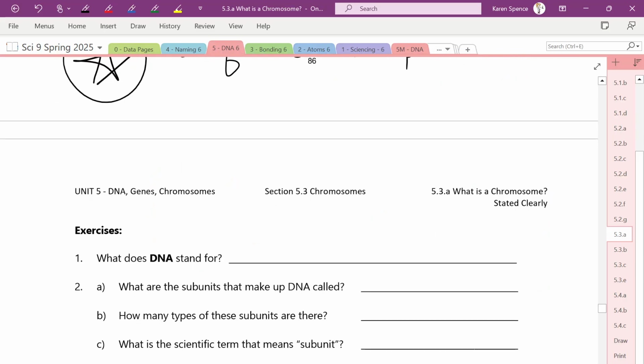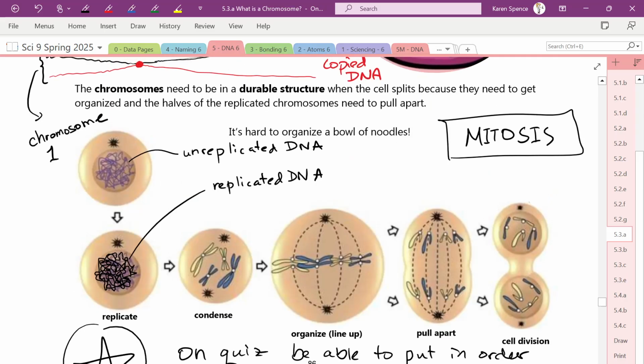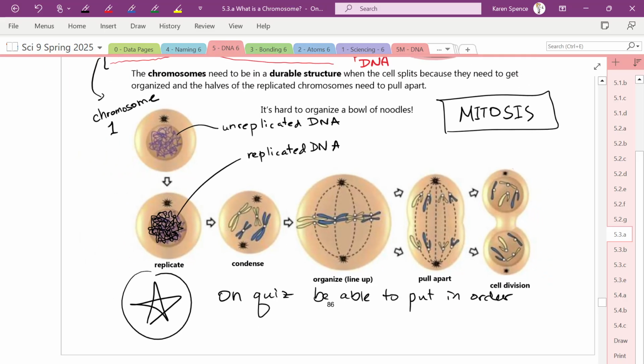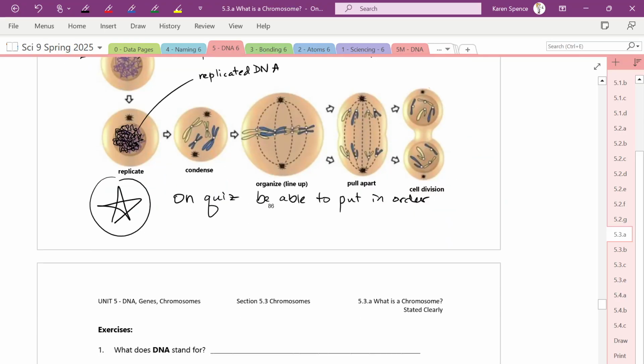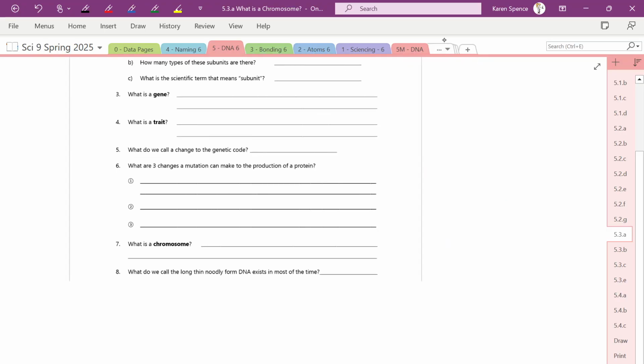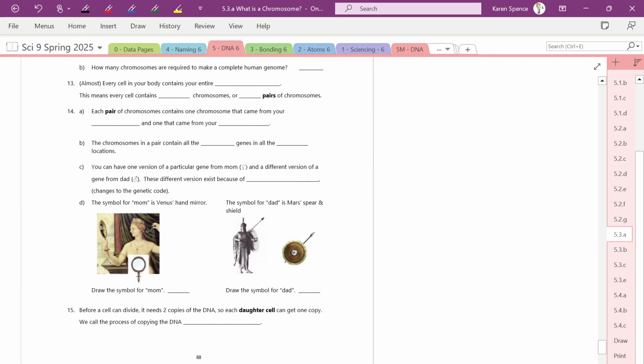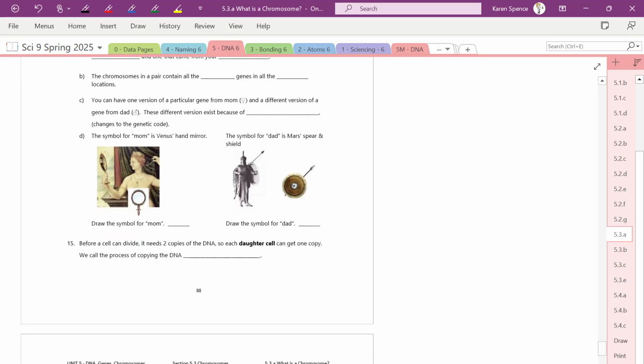And then you guys can start working on the exercises. Did we miss anything? You guys good? Okay. So you guys could do pages 87, 88?